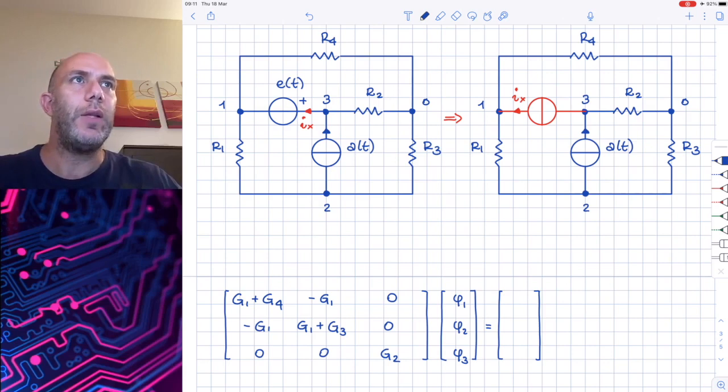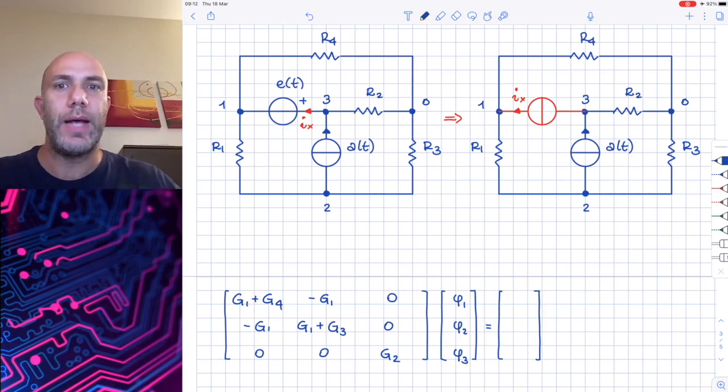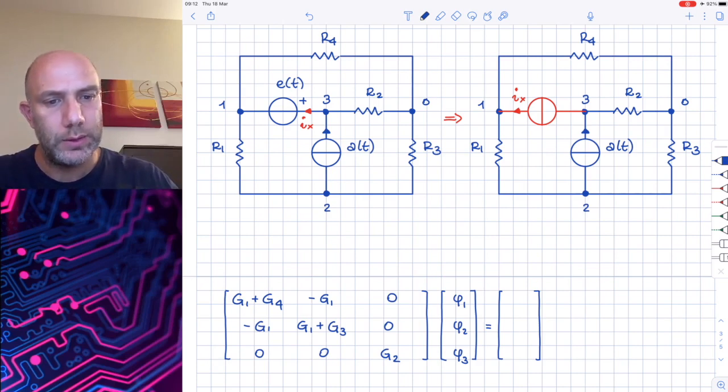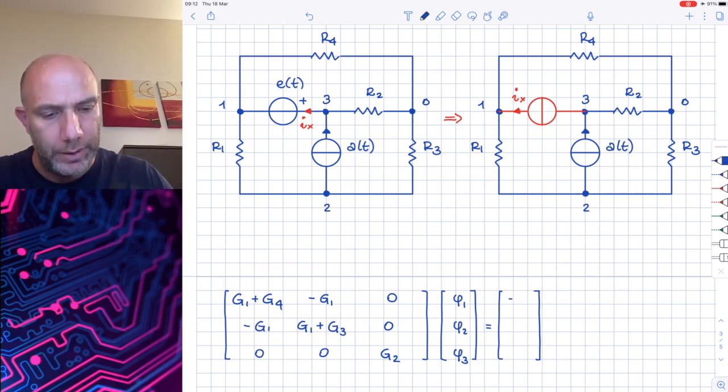At the right-hand side, we have to put the value of the impressed current that is directly connected to the node, with the plus sign if the current is entering the node. So in our case, for node 1, we have the current Ix that is entering, and so we have plus Ix.